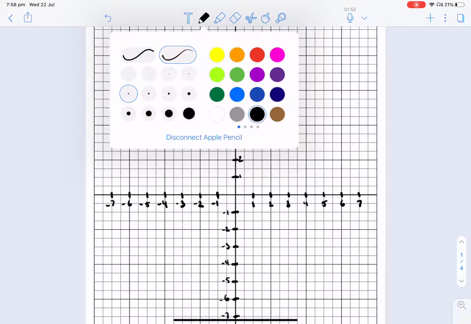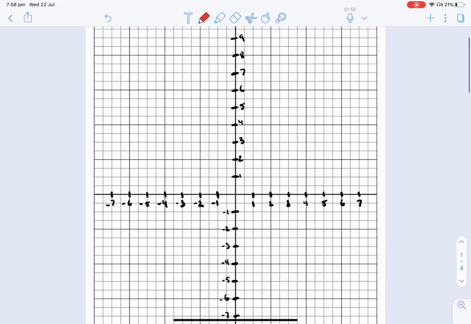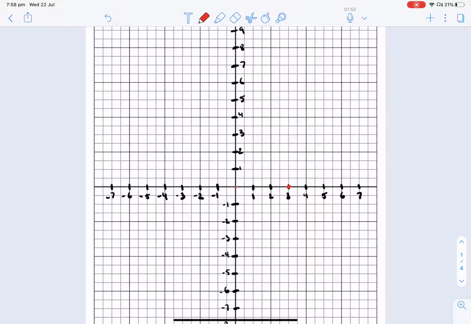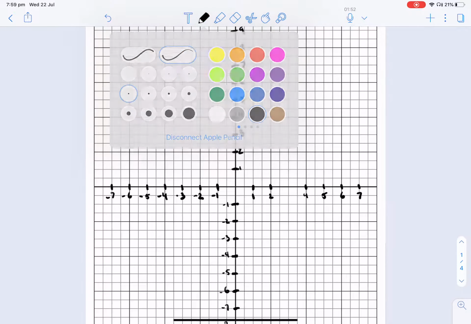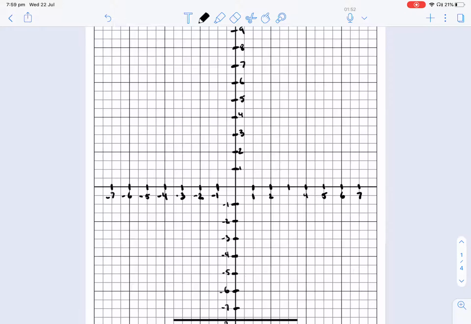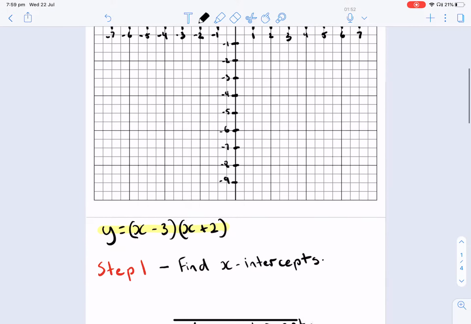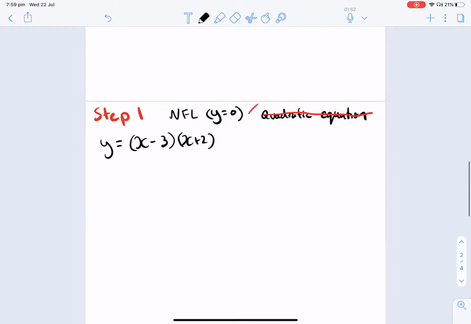Because if we had an x-coordinate that intercepted the line at, say, 3 here, obviously our y value at 3 is 0. Just keep in mind when we're doing this that we're looking for our x-coordinate, the place where our parabola crosses the x-intercept, which will also be the point at which y equals 0.